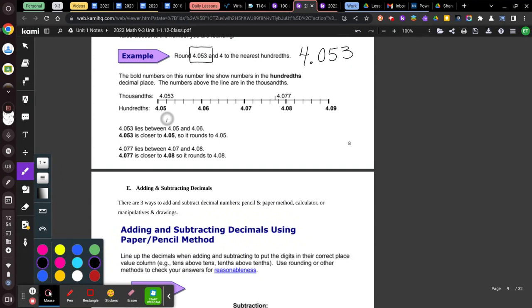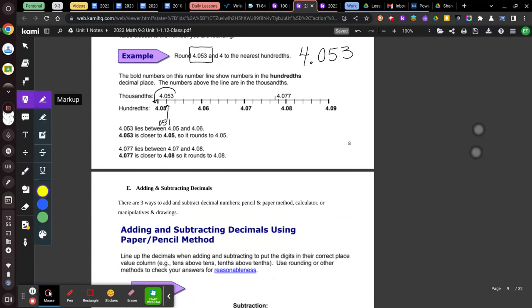So this one's going to be 4.05. And what is it? 4.051, 4.052, 4.053. So what we're looking at is, where is it? Well, it's closer to this one. Let's do it with the digits.